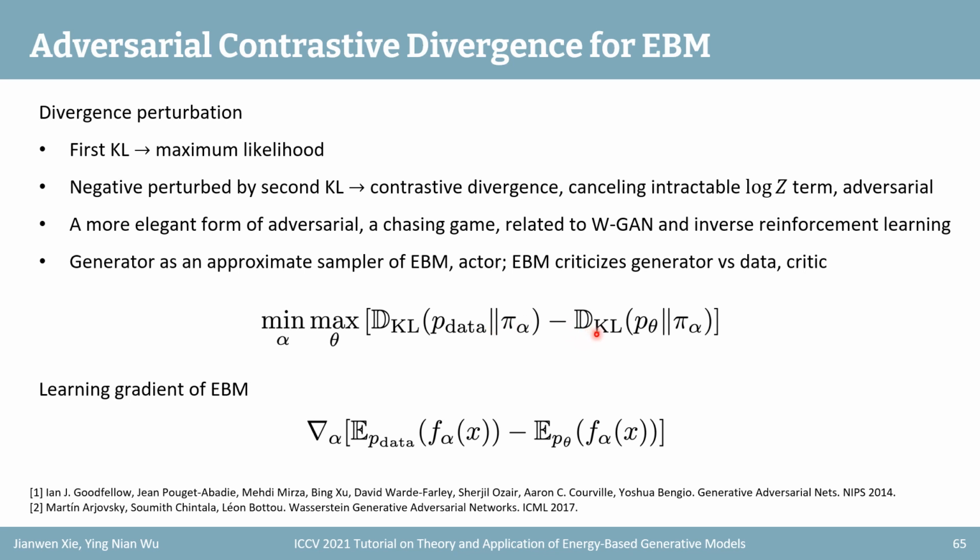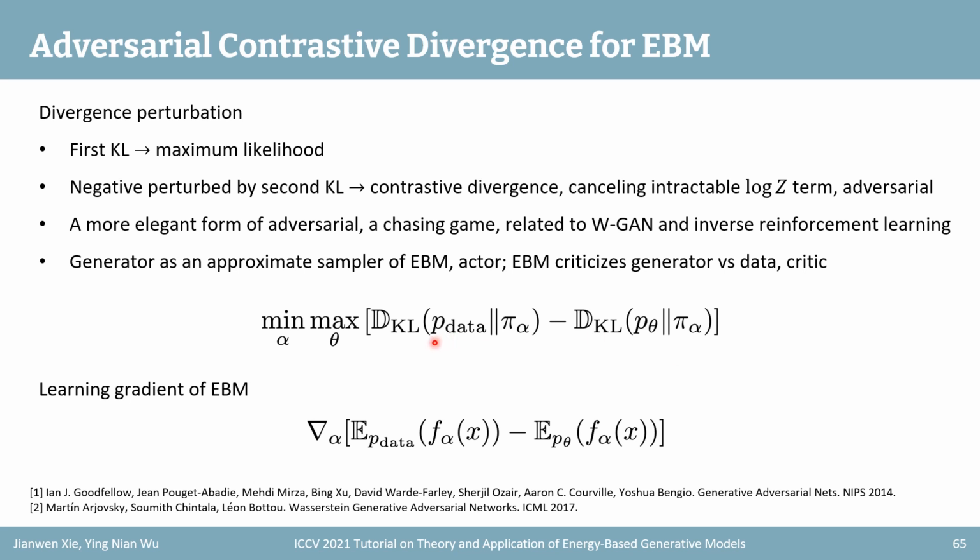And then we subtract the second KL divergence, which serves as a perturbation, and this time a negative perturbation. And this negative sign actually underlies the adversarial learning. So this objective function actually can be more elegant than the original GAN objective. And in fact, it is closely related to Wasserstein GAN and also inverse reinforcement learning.